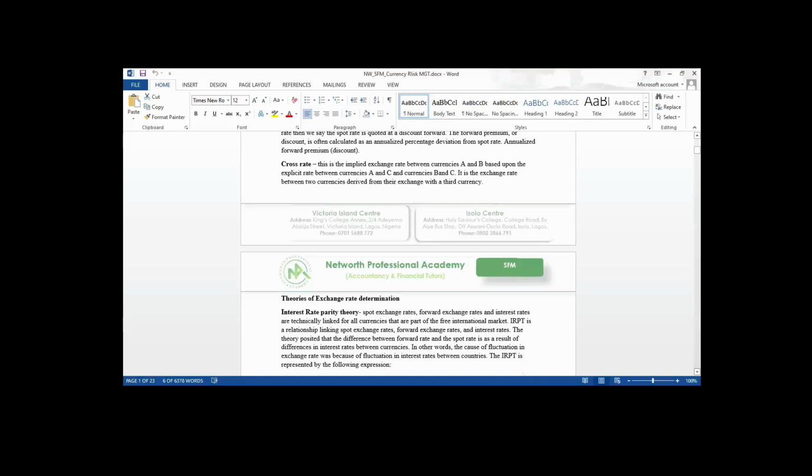In other words, a country with higher interest rates has its currency depreciating faster compared to a country with lower interest rates.